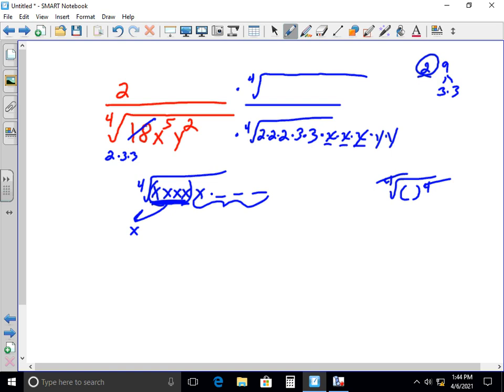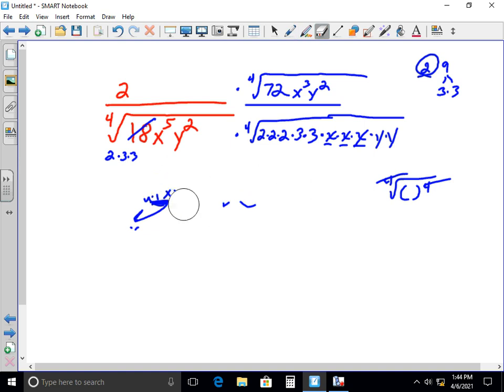So that means on top we're picking up 3 2's and 2 3's, so that's 8 times 9, which is 72. Good. X to the third, y to the second. So right now the top is 2 times the fourth root of 72 x cubed y squared.